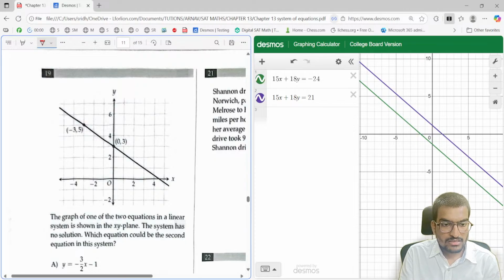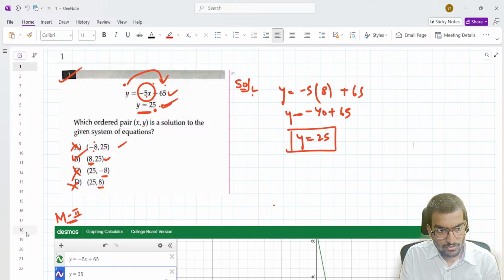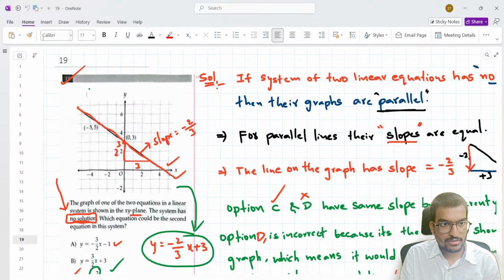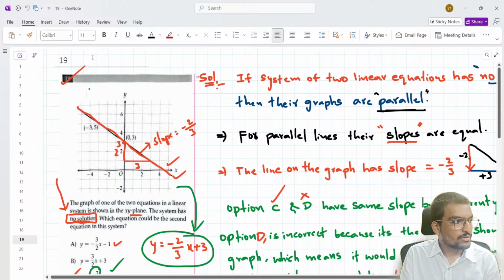Okay, I'll just teach you those questions. Using the OneNote, we are on question 19. I think you people can see question 19.